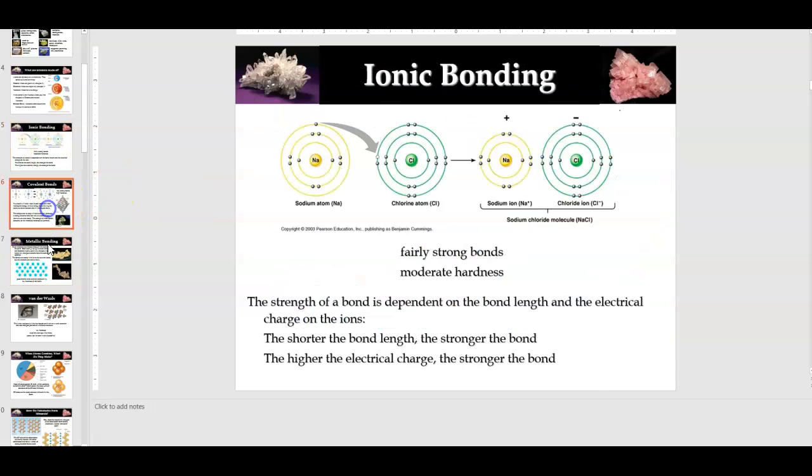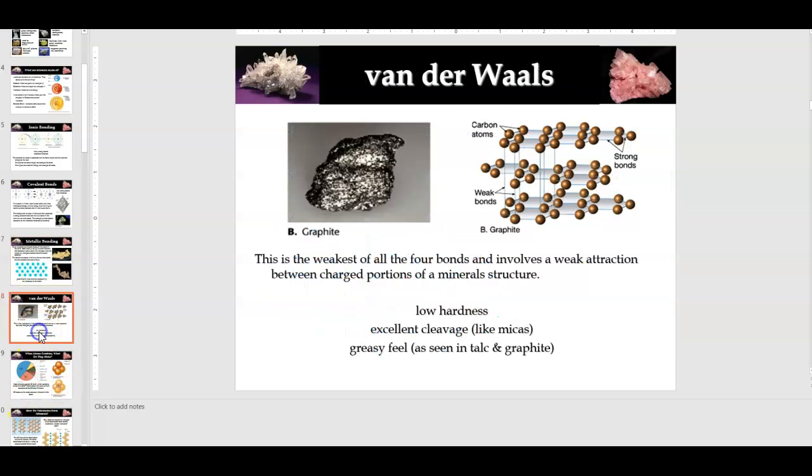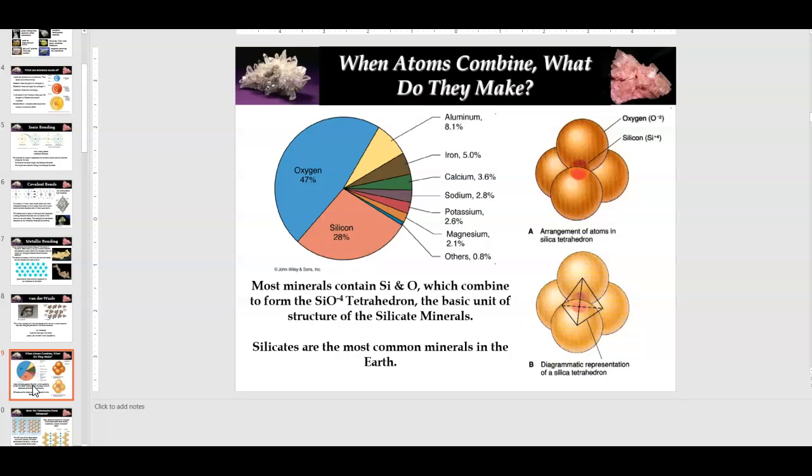And these bonds are what make the atoms or the mineral actually come together to form its chemical structure. So here's an example of a chemical structure. This is what we call a silicon tetrahedron, where there are 4 oxygens bonding covalently to that silicon, which are strong bonds, right? And this is actually a very common structure in the Earth.